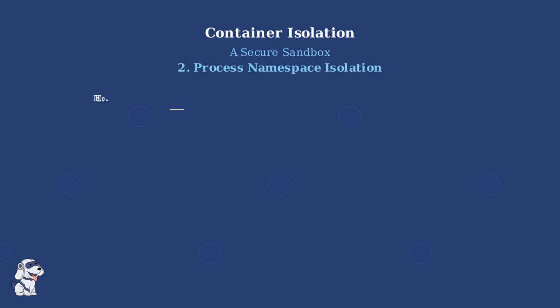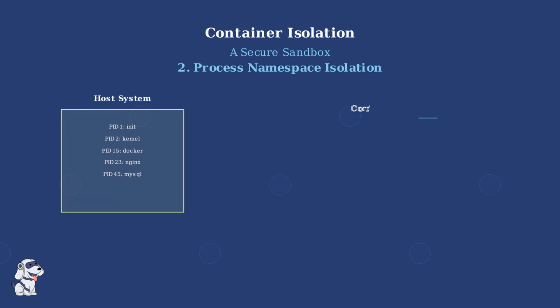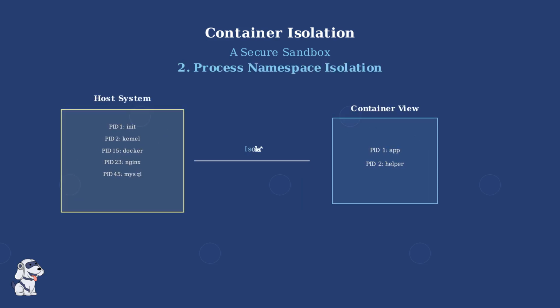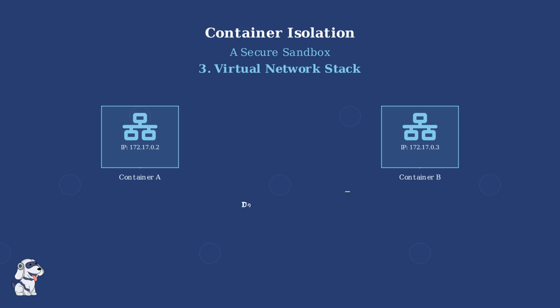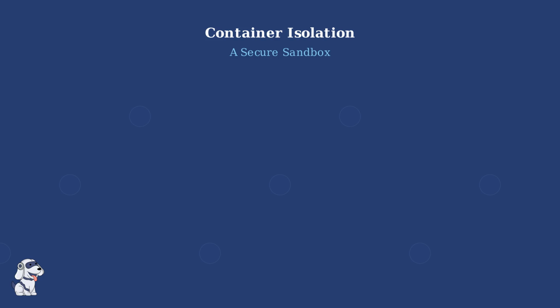The second isolation mechanism is process namespace isolation. Each container can only see its own processes running. From inside a container, it looks like the container's main process has process ID 1, and no other system processes are visible. This creates a completely isolated process environment. The third isolation mechanism is the virtual network stack. Each container gets its own network interface, IP address, and routing table.